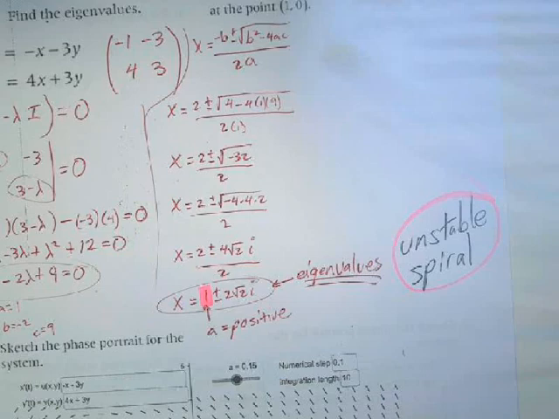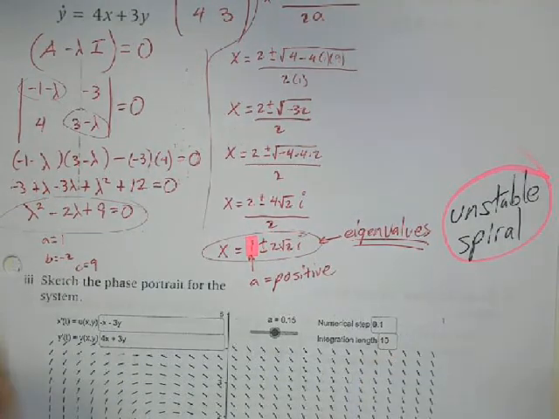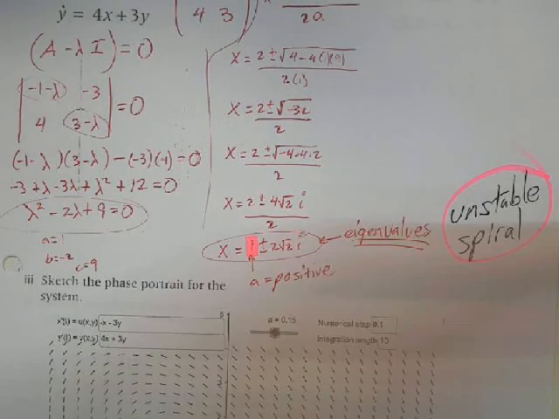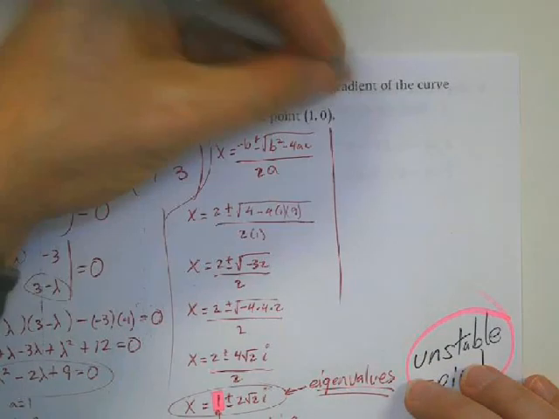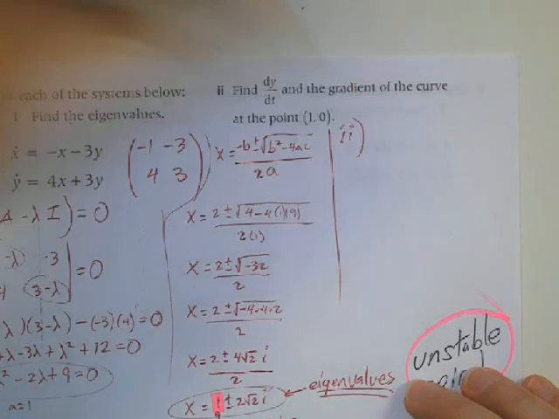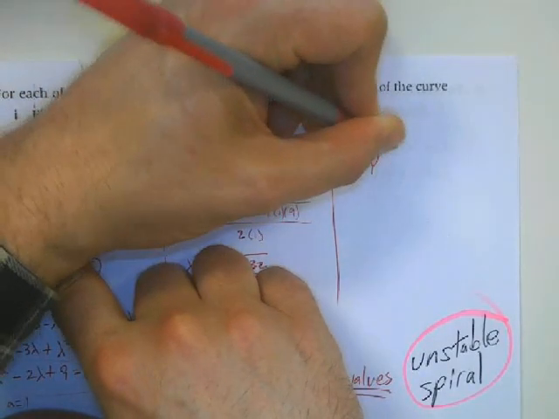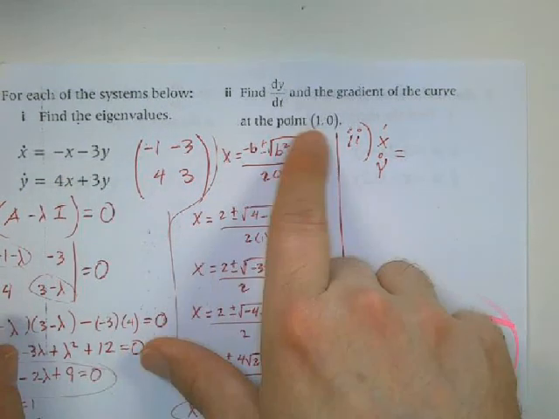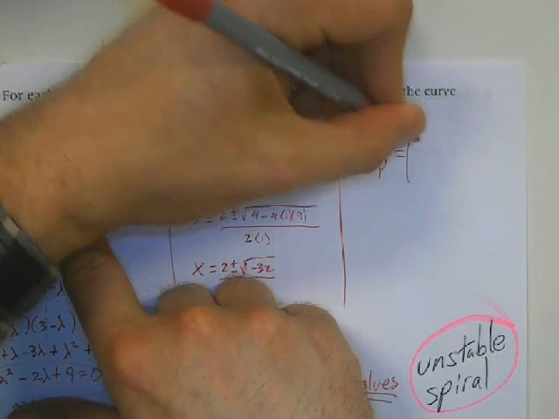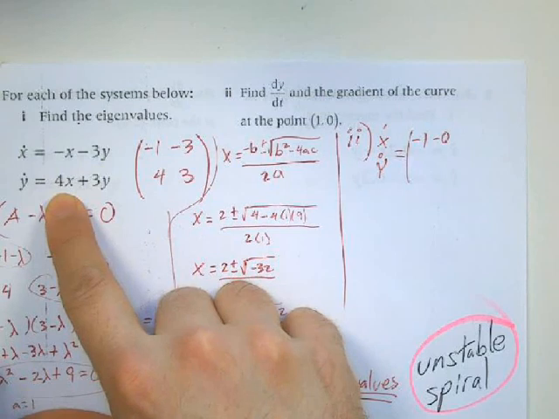Okay, so for my first trial of drawing this, let's answer 2I, or II first. Okay, so II says find the slope. So I'm going to replace x with 1, so I've got -1 minus 0, and 4.